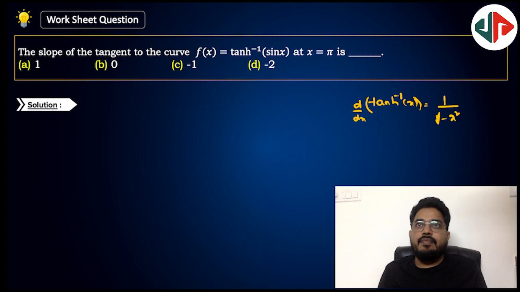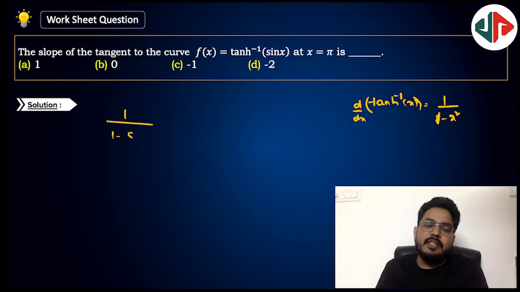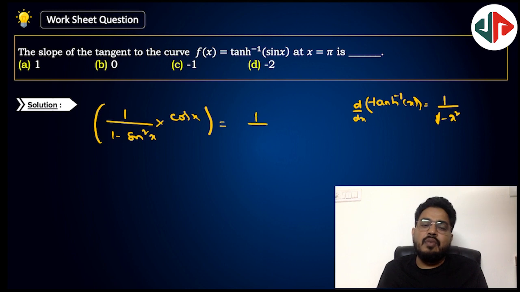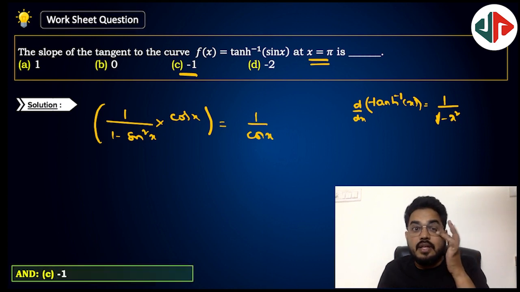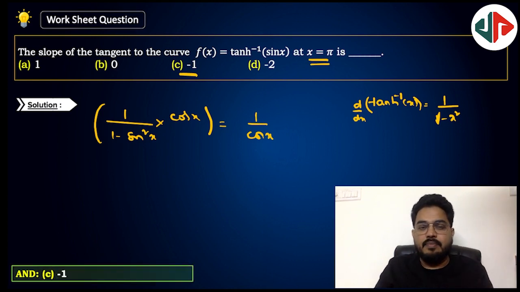So here the derivative of the inverse is 1 by root of 1 minus sin square x into the derivative of sin inverse of x, which is cos x. So it is equal to 1 by cos x. At x is equal to pi, the answer should be equal to minus 1.